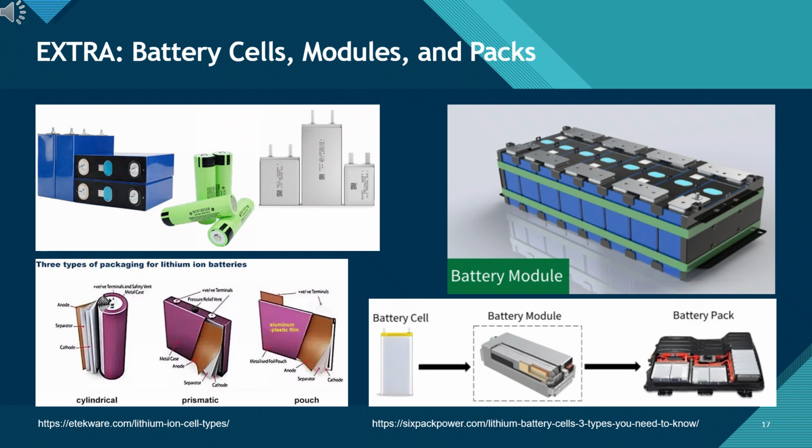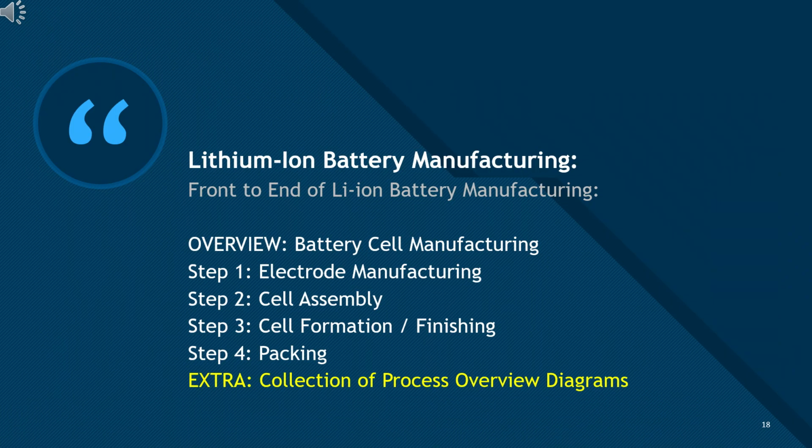As shown in the images at the pack level, the system includes not only the cells and modules but also critical components such as the cooling system, battery management system, BMS, and protective housing, making it a fully functional energy storage unit ready for installation in electric vehicles. In short, this slide visually summarizes what the entire process ultimately produces: the complete form of the battery system. This concludes the extra section on lithium-ion battery manufacturing.